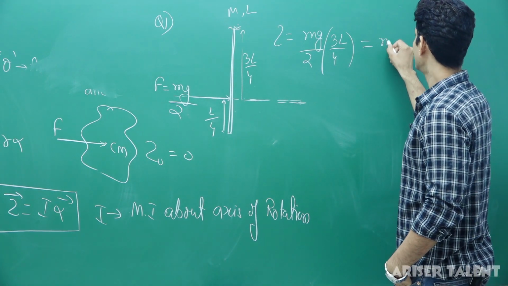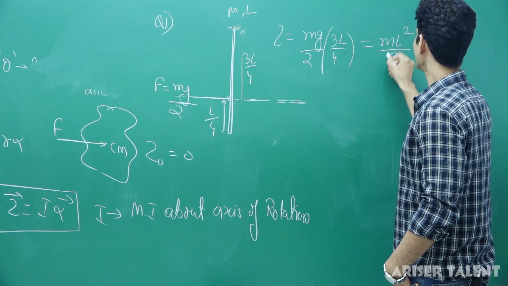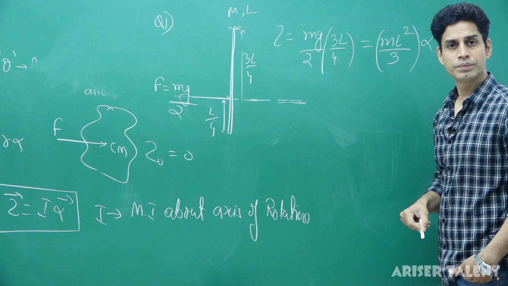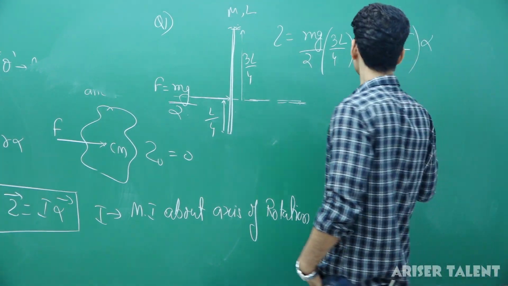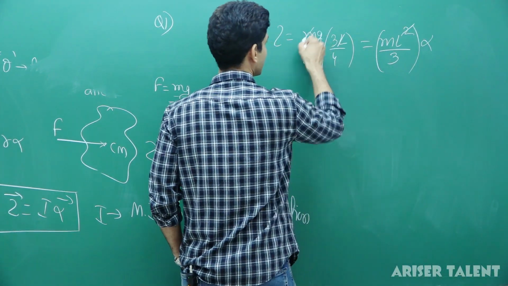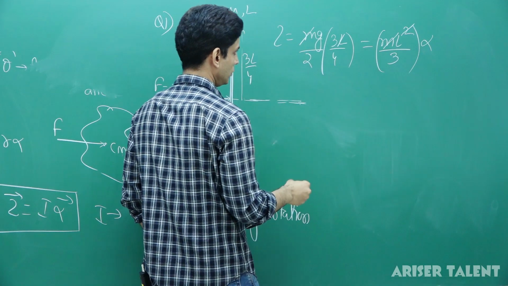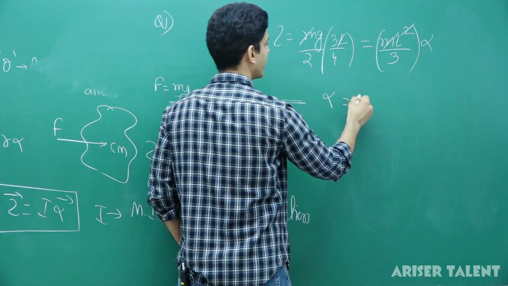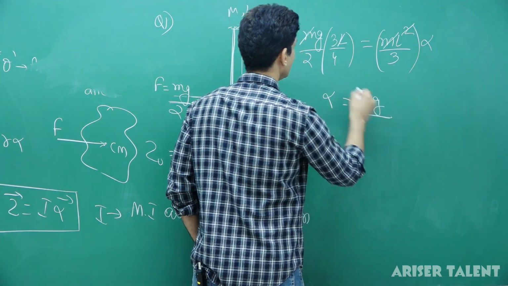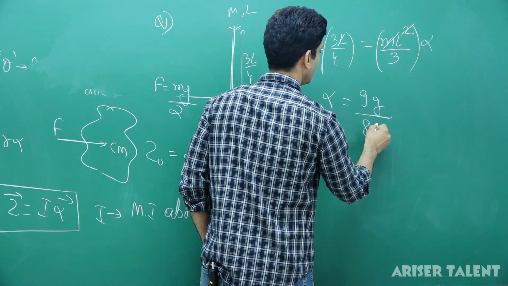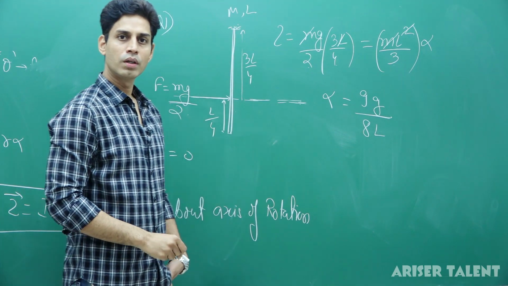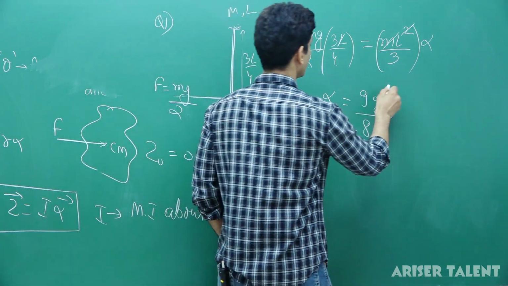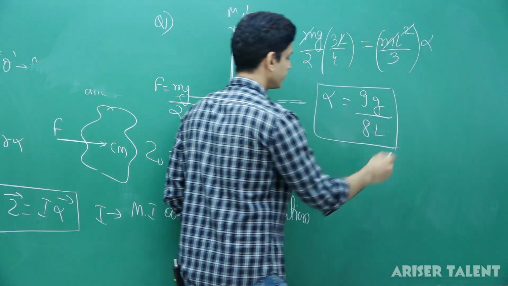So mL square by 3 into alpha. This L will cancel this L, this m will cancel this m. So alpha comes out to be 3 into 3 is 9, 9g by 8L. This is the initial angular acceleration.